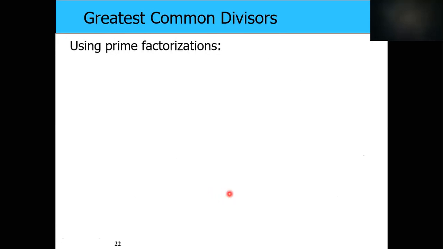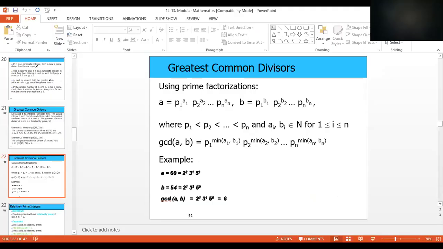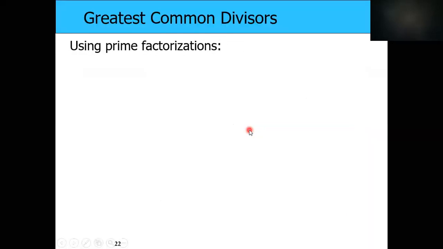Let us introduce this using prime factorization.